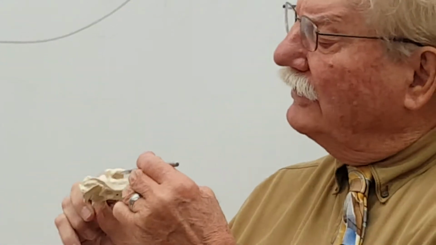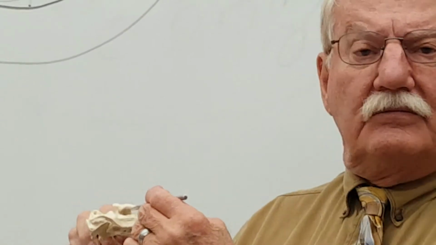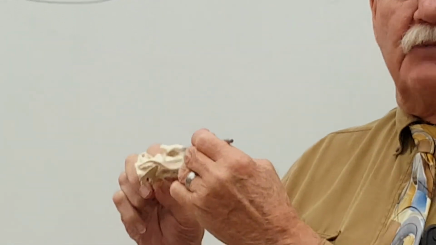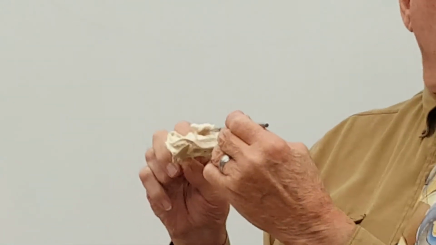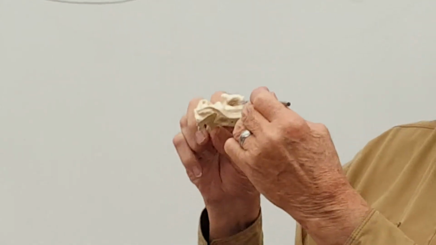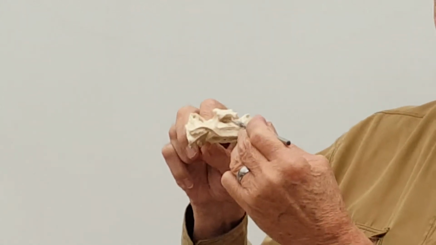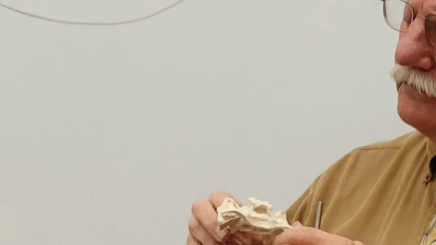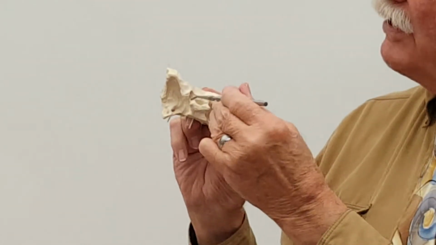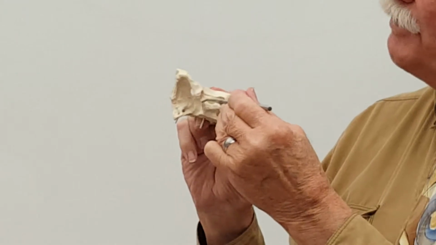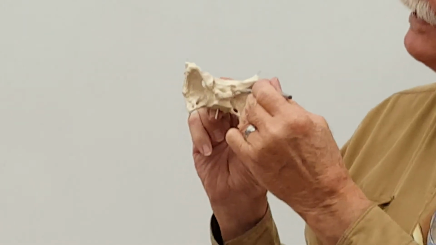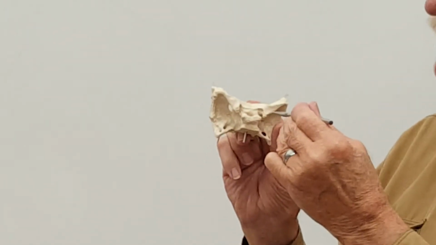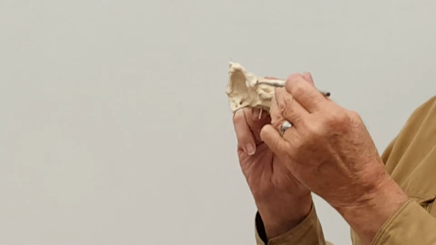Sella turcica, the Turkish saddle, down in there, the most protected place in the body. It's where the hypophysis dwells. The posterior clinoid processes are those two bumps, and the anterior clinoid processes are those two bumps.